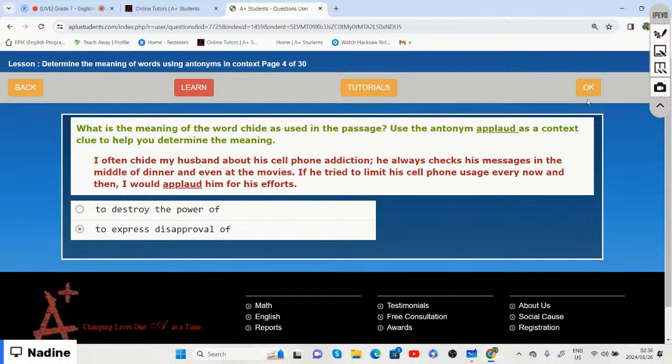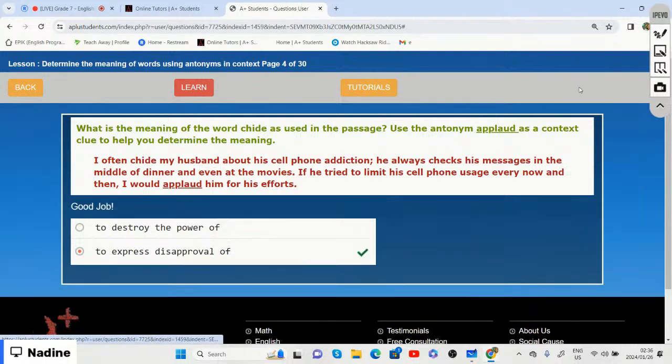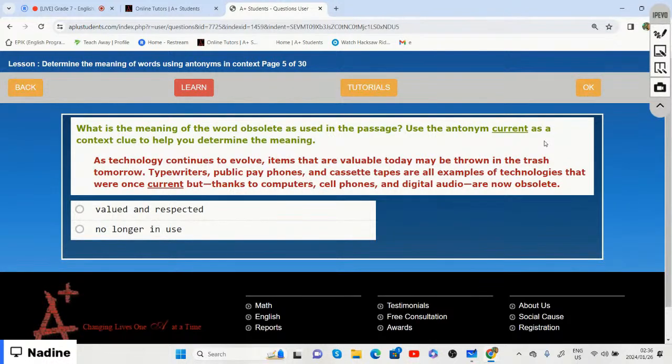Usually we use the word applaud when you cheer for someone, you are happy, you're giving approval, like, yay, good job. So if we're asked the opposite of applaud, we're going to say express disapproval of. Yes, because that is the opposite of applaud.